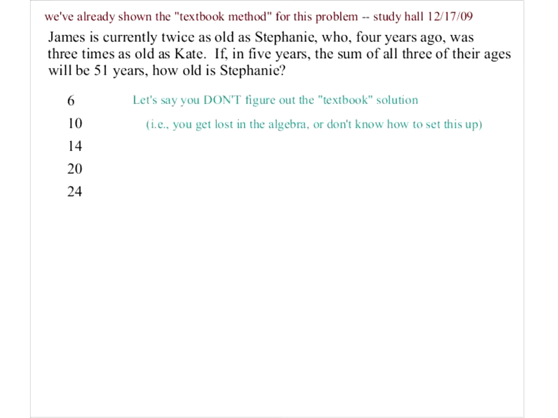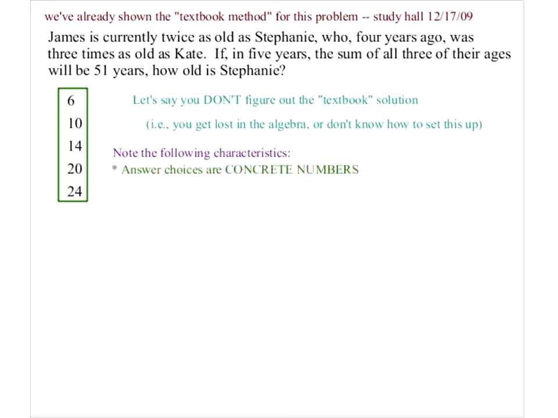Well, note the following characteristics of the problem. The first characteristic that you should note is that you've got answer choices that are numbers that are very easy to conceptualize and get your hands on. So the answer choices are concrete numbers. And then also, there are relationships in the problem that you could use if you have such numbers.